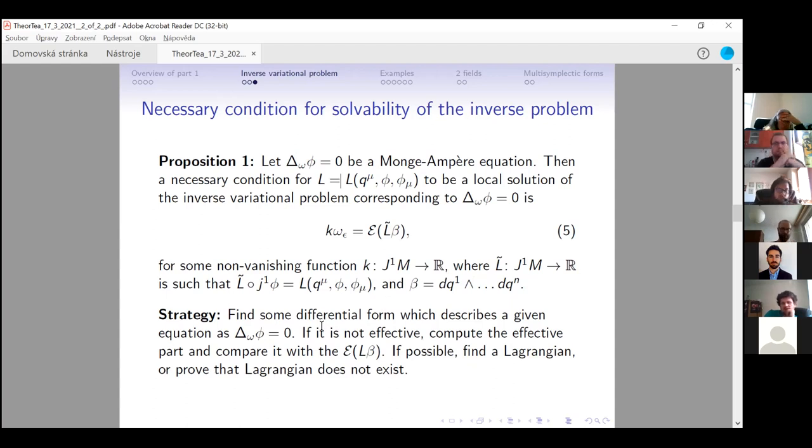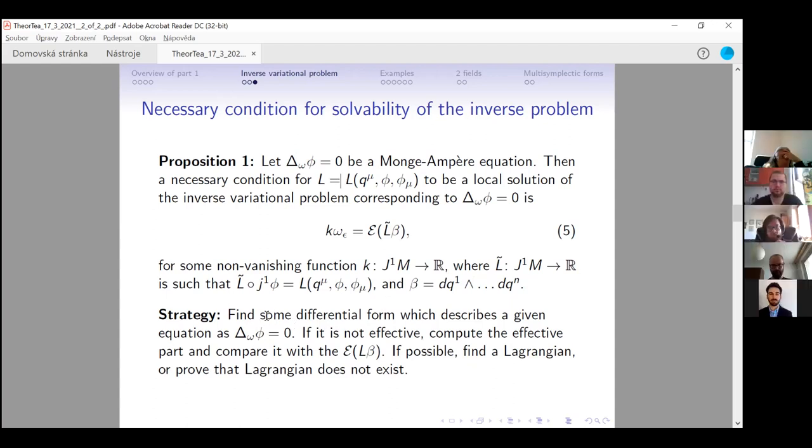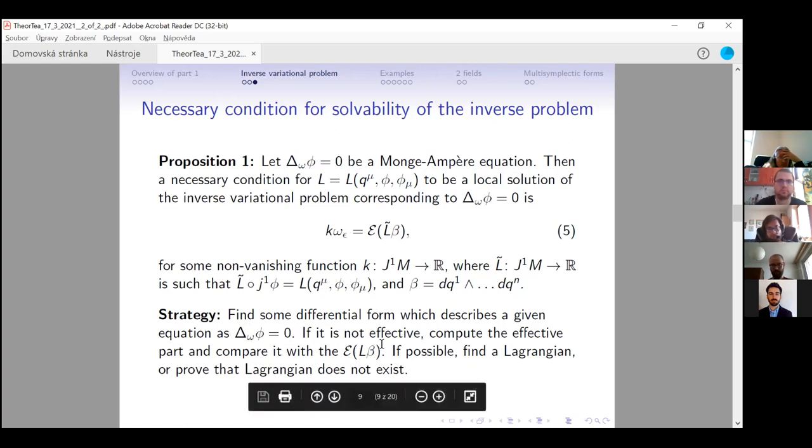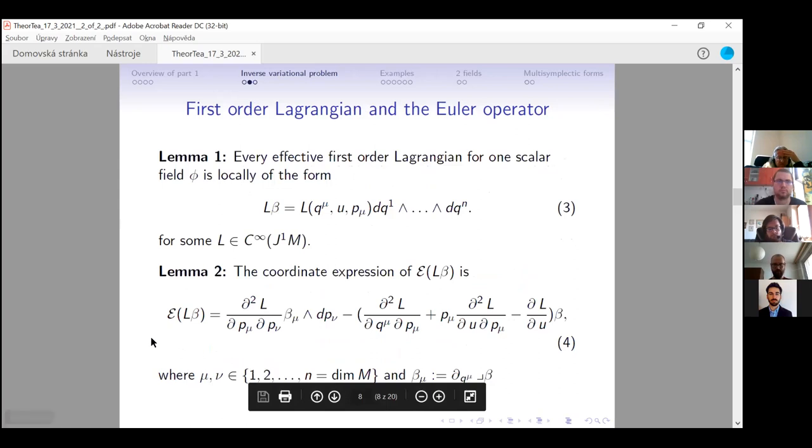So if I take an equation, firstly, I want to find some differential form with which I can describe the equation as a Monge-Ampère equation in this sense. If the form is not effective, I compute the effective part, and then I compare it with the general expression for E L beta.